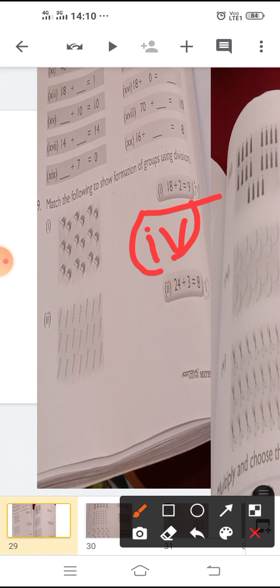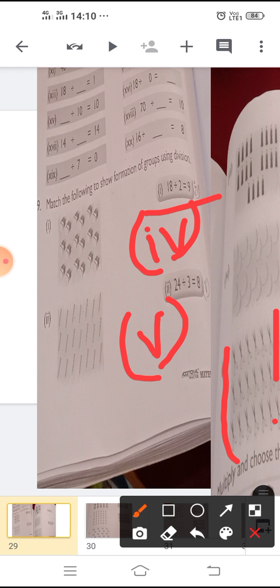Understood? Now we will see scissors. The total number of scissors is 24. You can count. And 3 groups are there, and in each group it is 8. So 24 divided by 3 will give you 8.